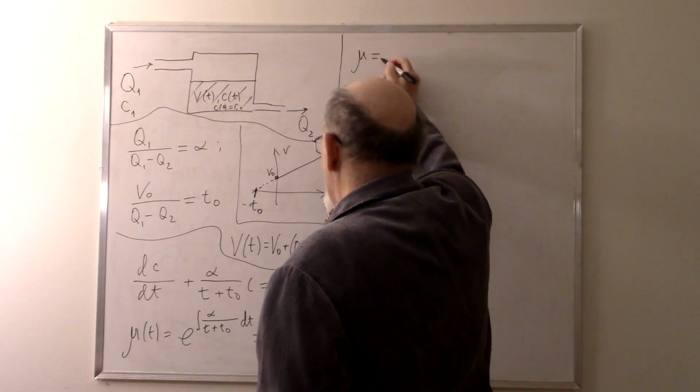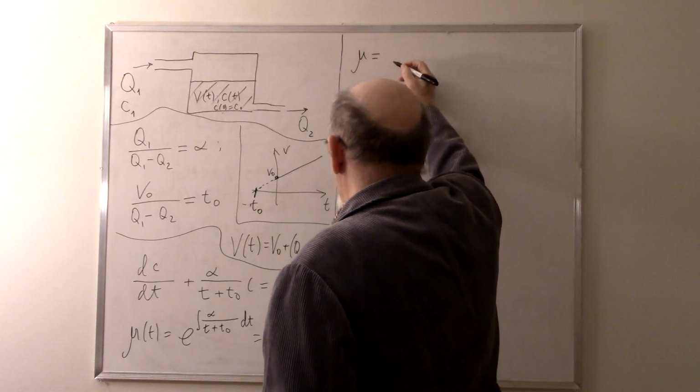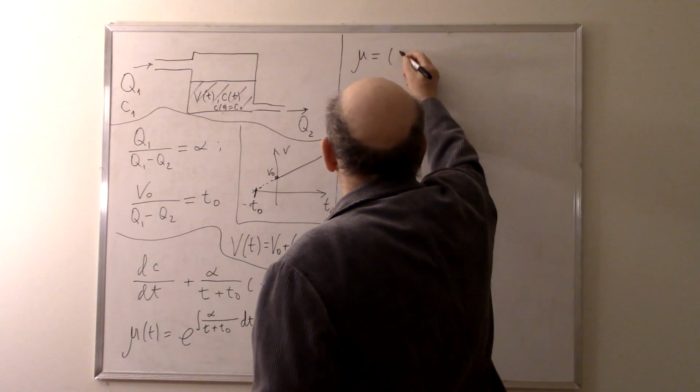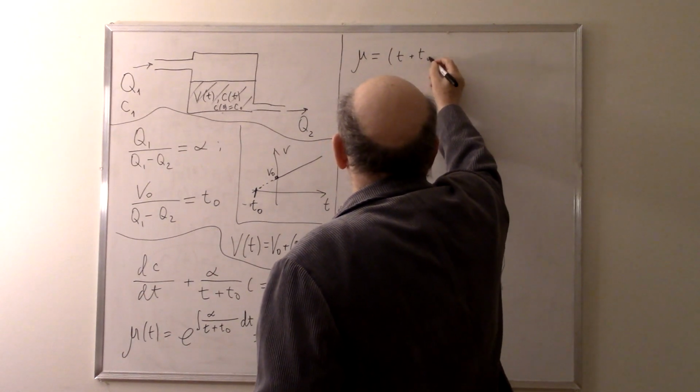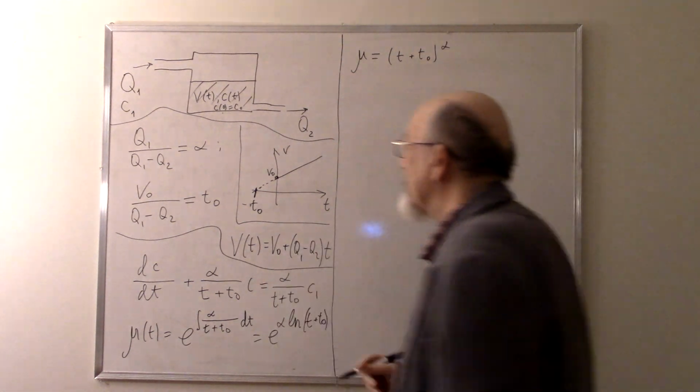Mu equals simply (t plus t0) to the power alpha.